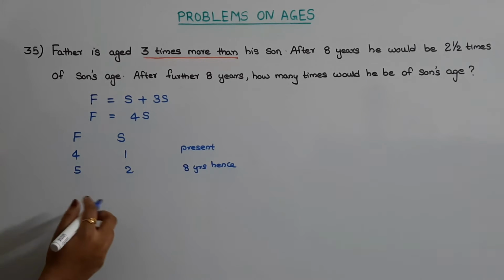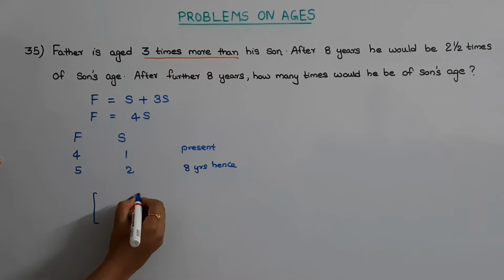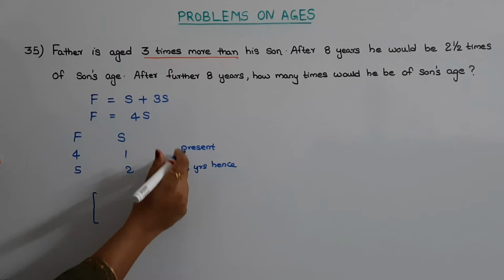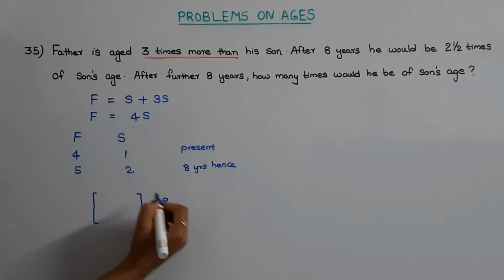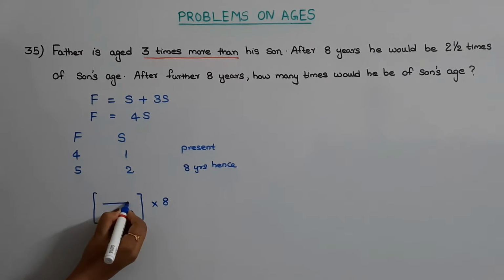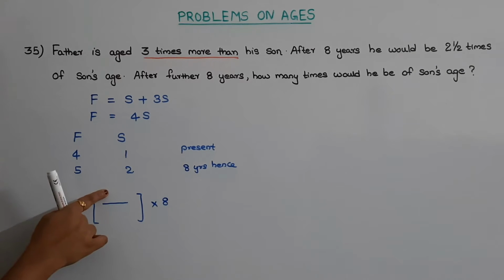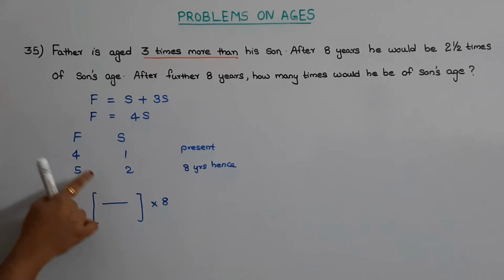In order to solve this, we need to multiply a fraction part to the effective difference in years. The effective difference in years is 8. Now let us see what the fraction part is. For the numerator, we need to take the difference of either this ratio or this ratio.